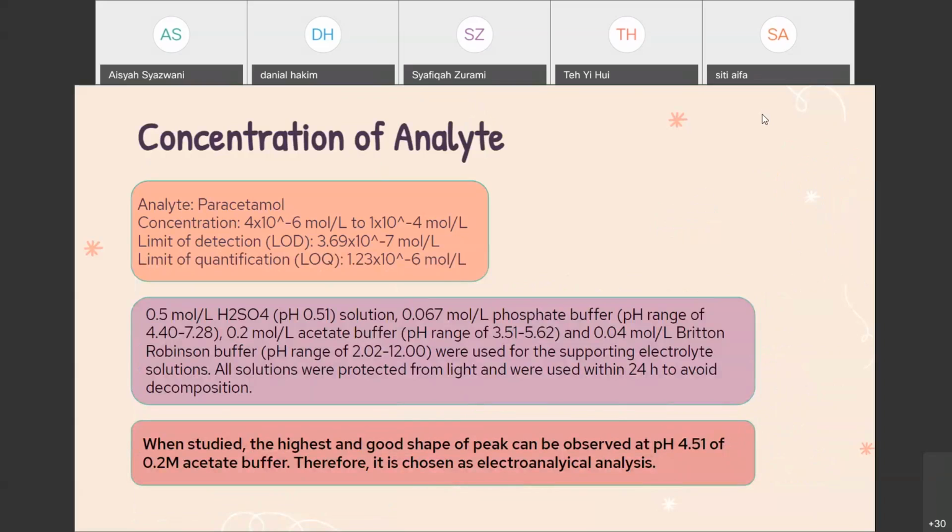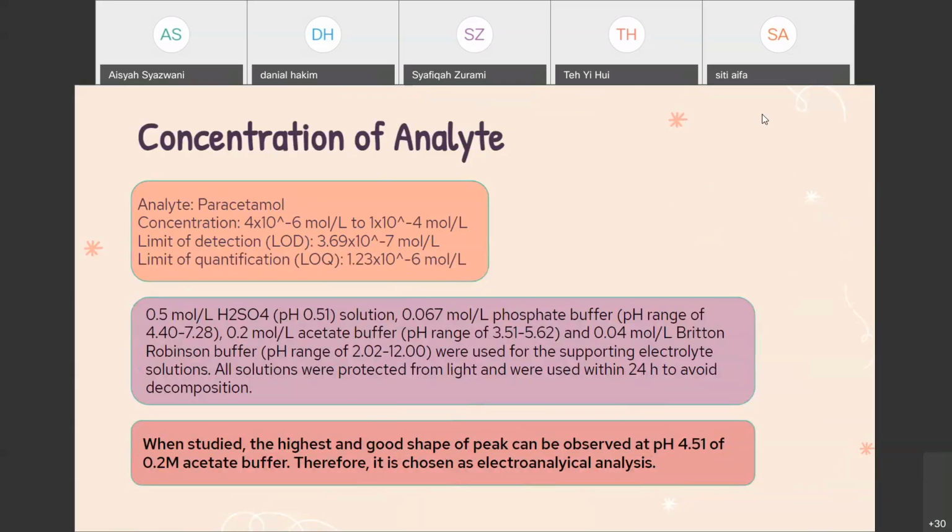For the concentration of analyte, as we know that the analyte is paracetamol, the concentration range is from 4 exponent negative 6 mol per liter to 1 exponent negative 4 mol per liter. The limit of detection is 3.69 exponent negative 7 mol per liter, while the limit of quantification (LOQ) is 1.23 exponent negative 6 mol per liter.